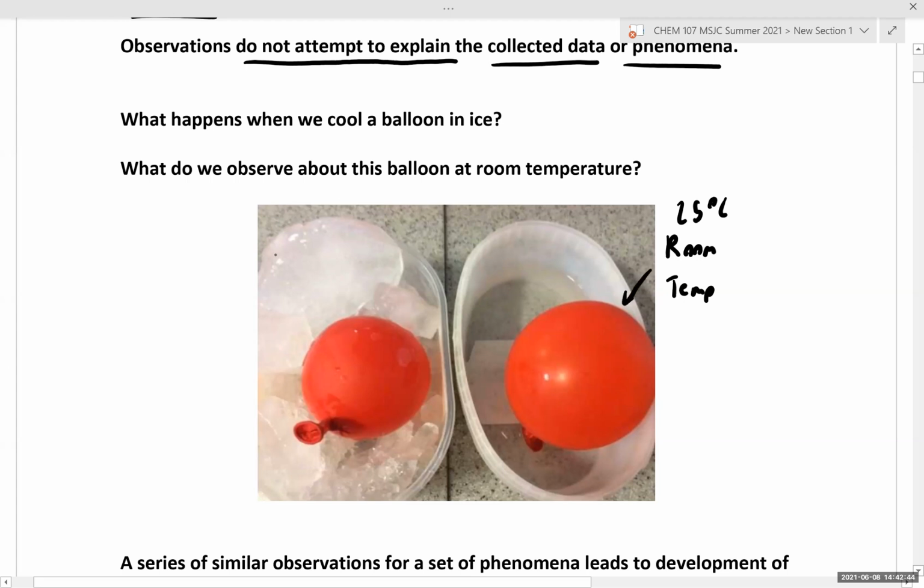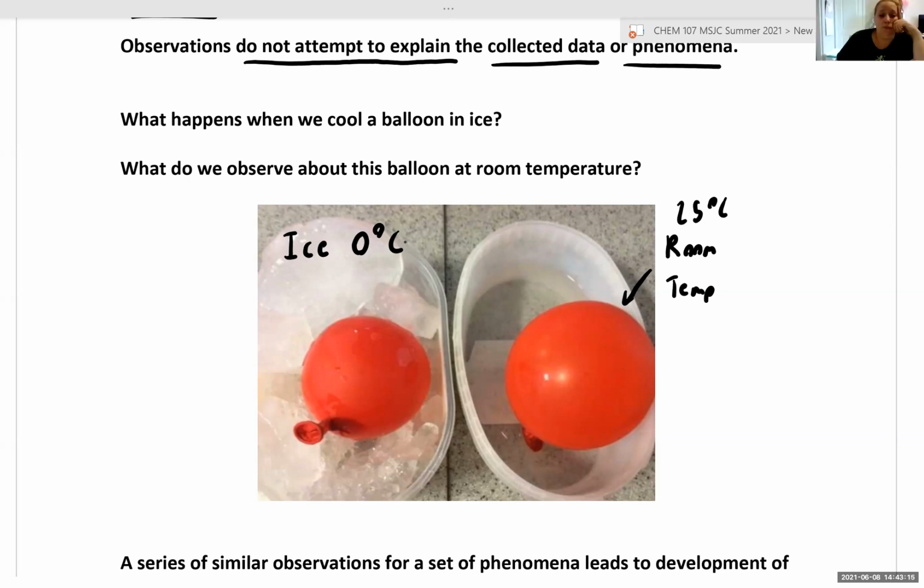In the second case, we have a balloon that's immersed in ice, which is at about 0 degrees Celsius. Now let's practice taking some observations. What do we observe about the balloon when it's in ice? What do we observe about the balloon when it's at room temperature? What do we observe? Would anyone like to share some observations?